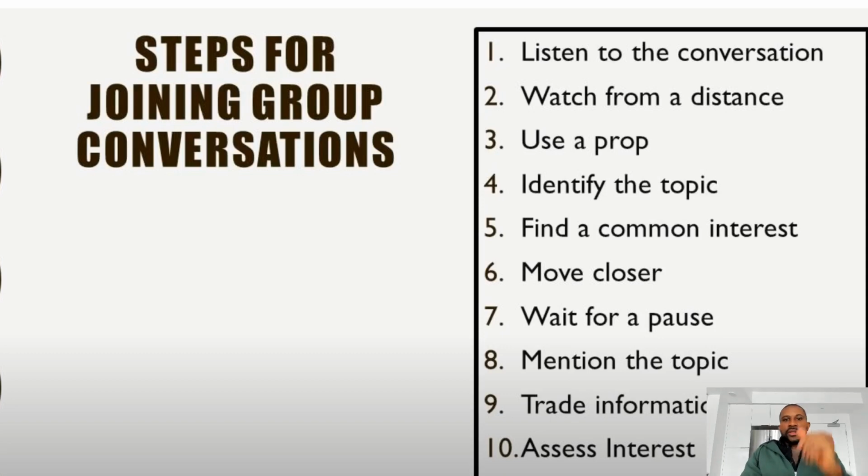I'm not sure why they're using a prop. Identify the topic. That should be natural. That should be straightforward. Find a common interest. Move closer. Wait for a pause. Mention a topic. Trade information. And assess the interest and introduce yourself.